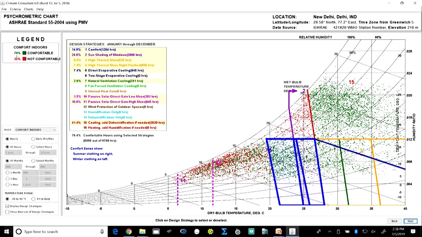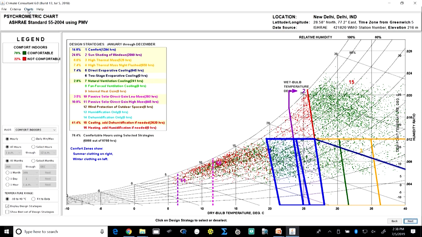So, suddenly the comfort hours go up to 78%, and a large portion of this comes into a comfortable zone when cooling along with dehumidification is added as a strategy. Now, that is an active strategy.